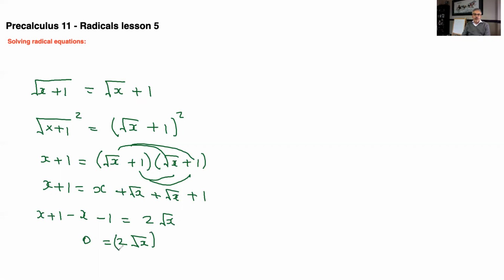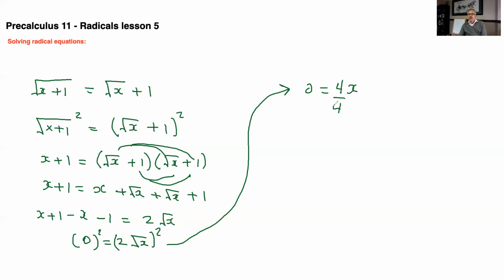So I'm gonna square all of this and square this. I'm just gonna take this to this side right here. 0 squared is just 0, and squaring 2 root x will just give you 4. 2 squared is 4, and root x squared, root x times root x will give you just x. Now divide both sides by 4. You get x equals 0. Check.